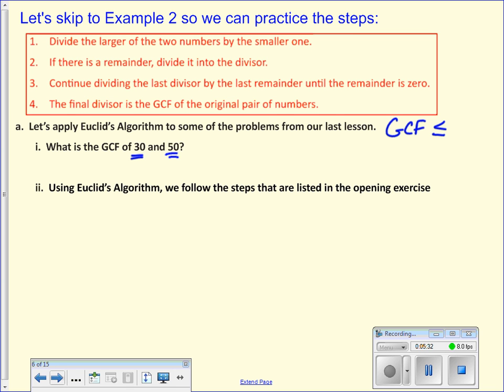The smaller of the two numbers, the 30. So I know my GCF has to be less than or equal to 30. So I have that in the back of my head. Now I'm sure some of you have an idea of what the GCF is already, because these are numbers we could solve mentally. And that's good. It'll help us determine if it's a reasonable answer.